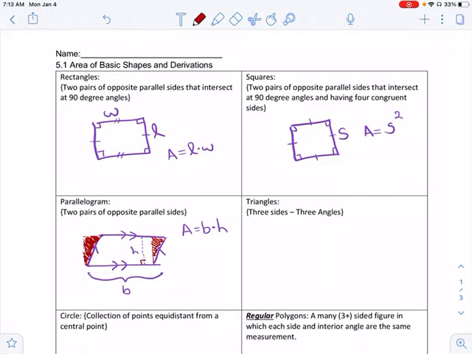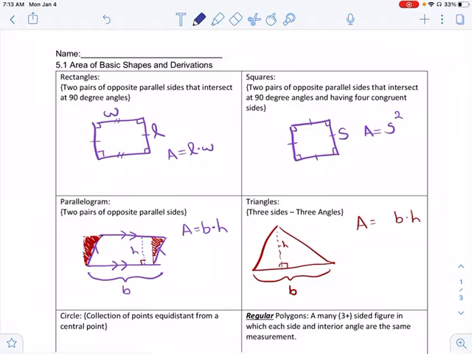Okay, triangles, we've talked about them a fair amount of time this year, so we probably don't need to go over it too much. But to find the area, we just need the length of the base times the height. So we're going to say area equals, and this isn't my final area equation, we obviously need to make an adjustment.